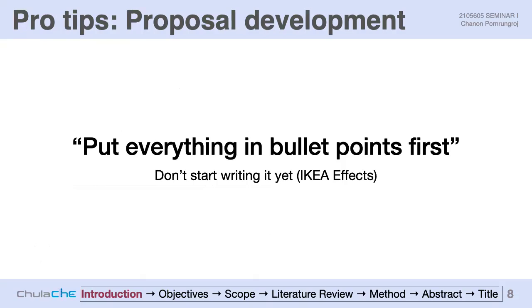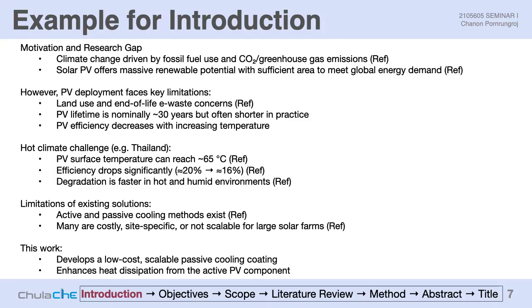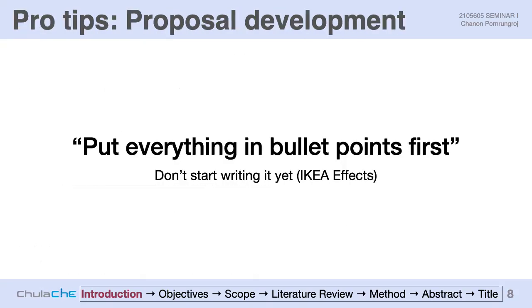One thing I would like to point out here, and I think it's very important in the age of AI, is to put everything in bullet points first. Imagine you go to your supervisors with 20 pages of AI-generated content because you didn't have time to do it properly. You just put everything together last minute and walk to the professors and say, read this, give a comment.